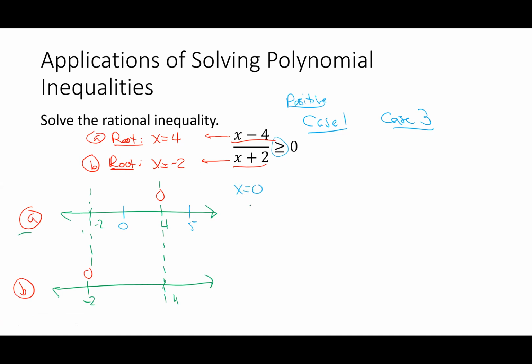And again, I'm only paying attention to the function x minus 4. And x equals 5. All right, so I get 0 minus 4. That's a negative. All right, cool. So negative. And then 5 minus 4, well, that's a positive. Okay, cool.